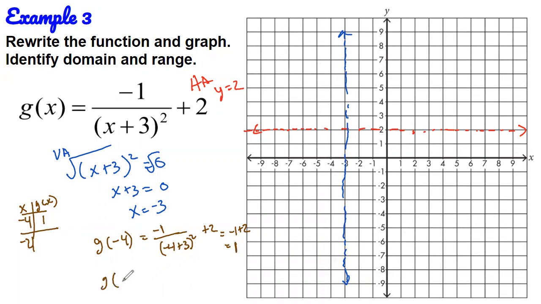Now g of -2 is -1 over (-2 plus 3) squared plus 2. -2 plus 3 is positive 1, squared is 1. -1 over 1 is -1, so we have -1 plus 2 again, which gives 1. So at -4, it goes to positive 1. At -2, it goes to positive 1 as well.